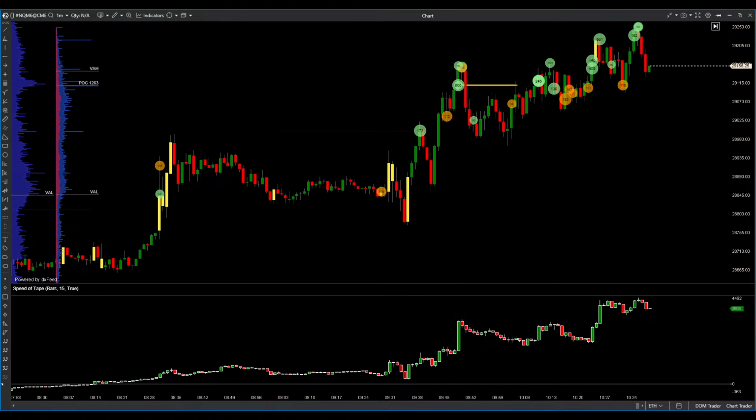Where's my stop? My stop should be all the way below 10 a.m. I am confused, really confused now.